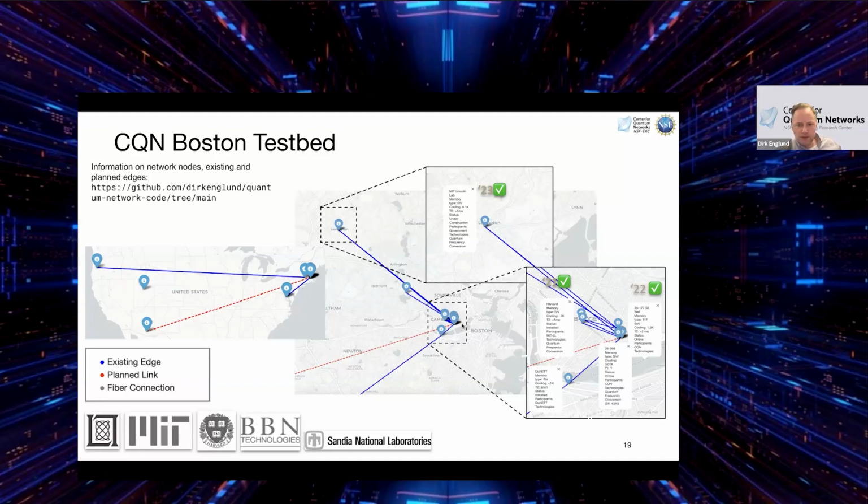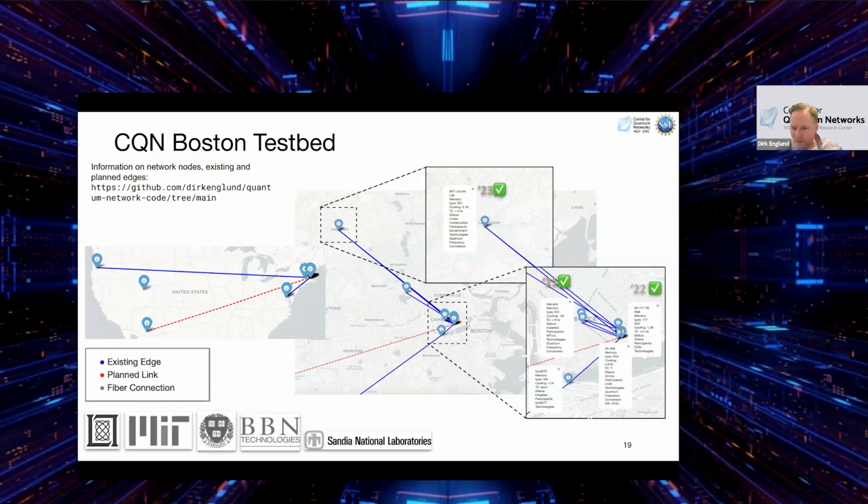So here is Cambridge, here's Boston. Let's zoom in to Cambridge. And here we have Harvard, which has in the laboratories of Professor Mikhail Lukin and Professor Marko Lončar some quantum memory nodes, in this case in dilution refrigerators, one of which was partially supported by the Center for Quantum Networks. And here at MIT, we have other types of quantum memories, and you can see them indicated here.